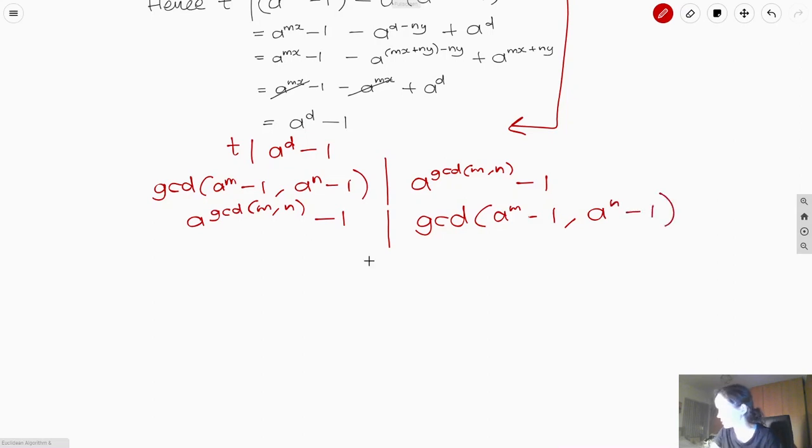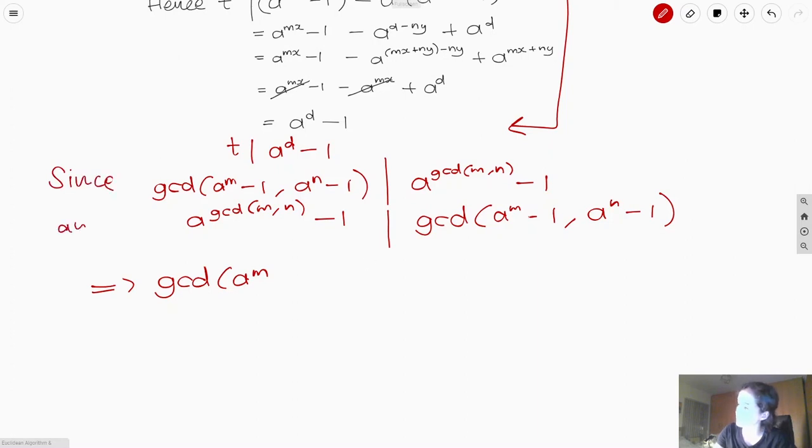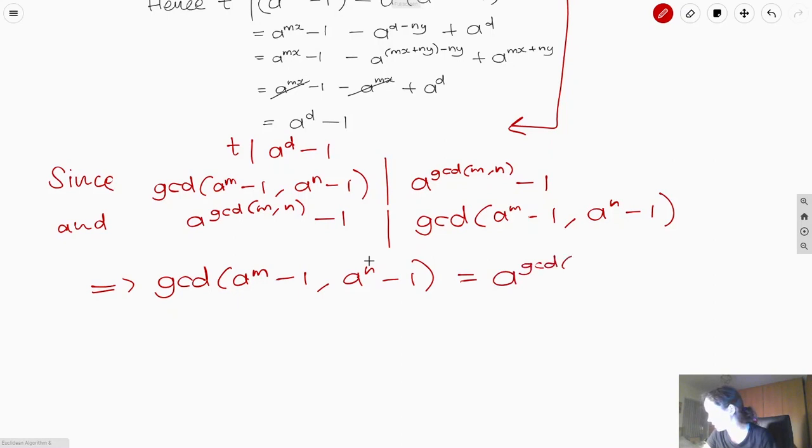So since the one divides the other and the other divides the one, this means that the GCD of a^m minus 1 and a^n minus 1 is going to equal a^(GCD(m,n)) minus 1.